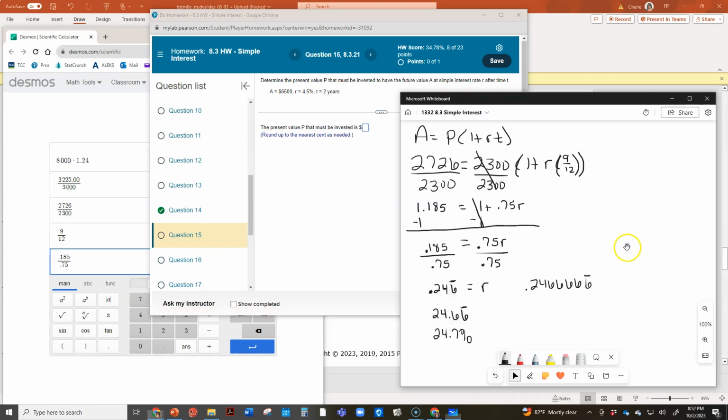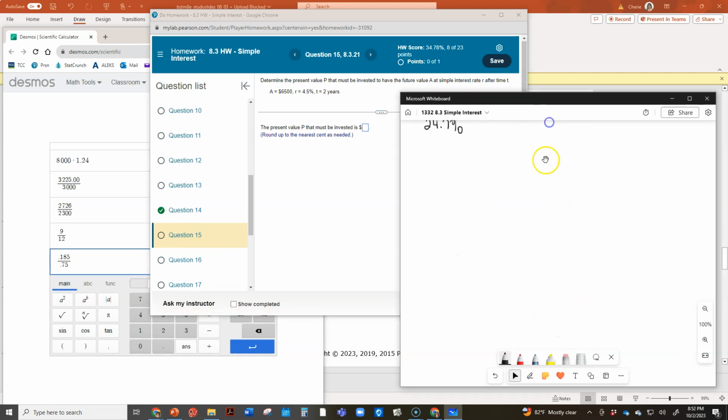Same kind of problem here. You're just solving for a different variable, but it is, again, just algebra. You have A equals P times 1 plus RT. If we're solving for P this time, we plug in the values, 6,500.